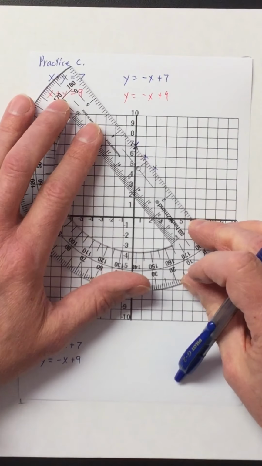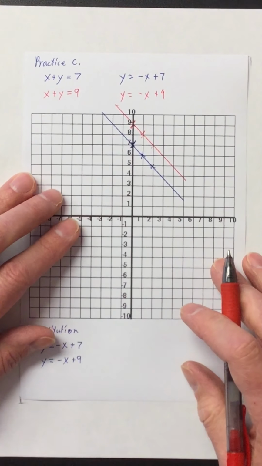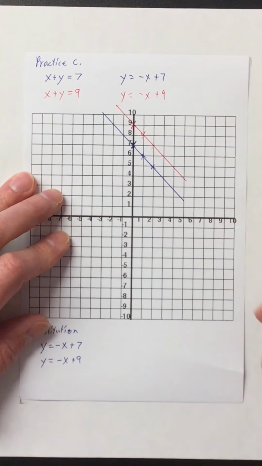Okay, and then our second equation has an intercept of plus 9, so slope is negative 1 over 1. And so that one is the same slope, runs parallel to it, hence they have no set of coordinates that they will both share. And it is inconsistent equations.